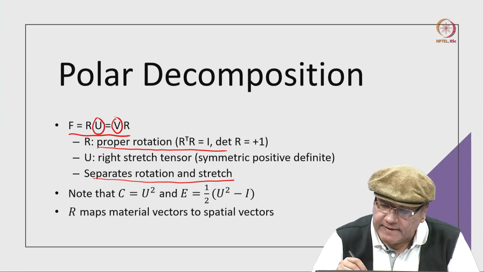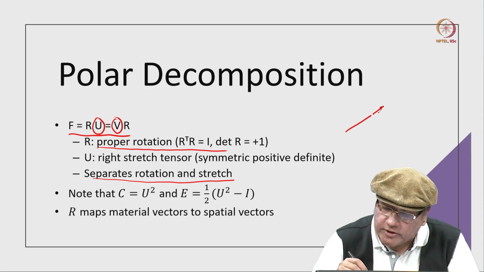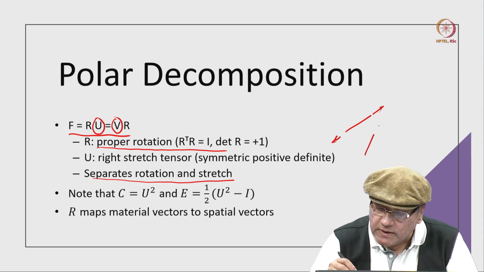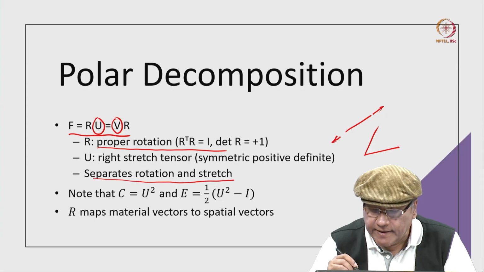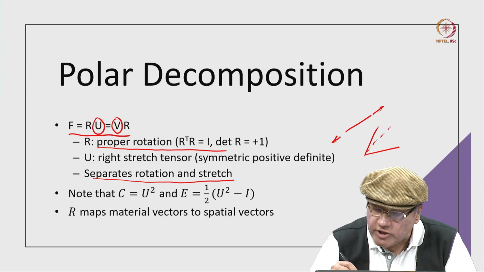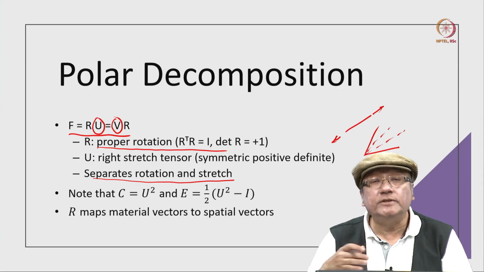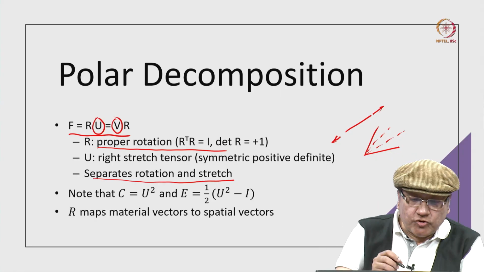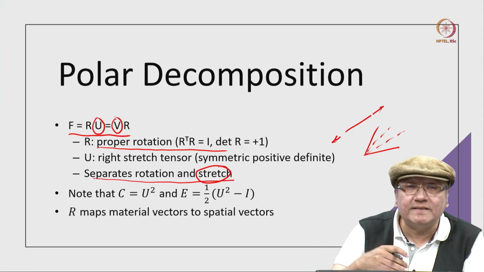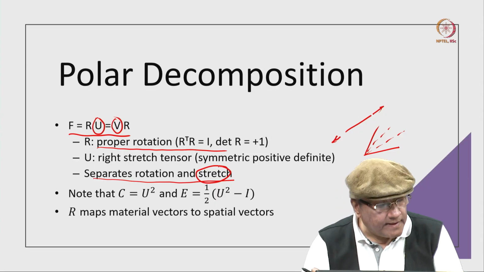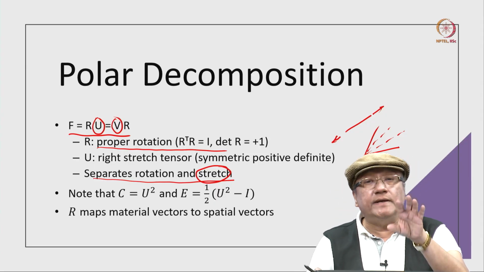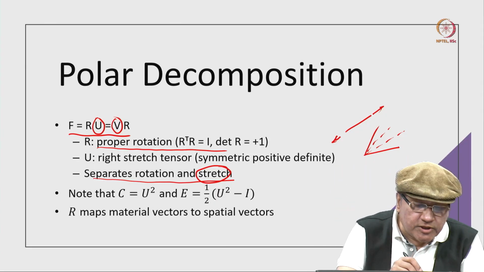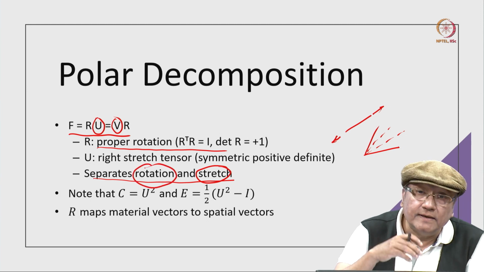So a line can get elongated under deformation, or two lines originally this way can change their angle under deformation. Both are possible under this stretching, right. So stretching is a more general word here. It separates the rigid body aspect of the rotation; this rotation is entirely a rigid body rotation.